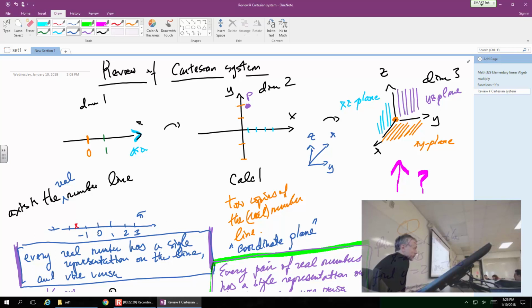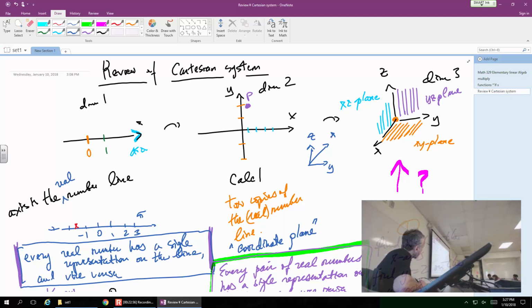It's a triple. That's the idea we're getting from this ascension of dimensions: every point in three-dimensional space is represented by a triple of numbers, and every triple of numbers can find a point in the space, as long as X, Y and Z are chosen ahead of time. So that's the idea of the Cartesian system.